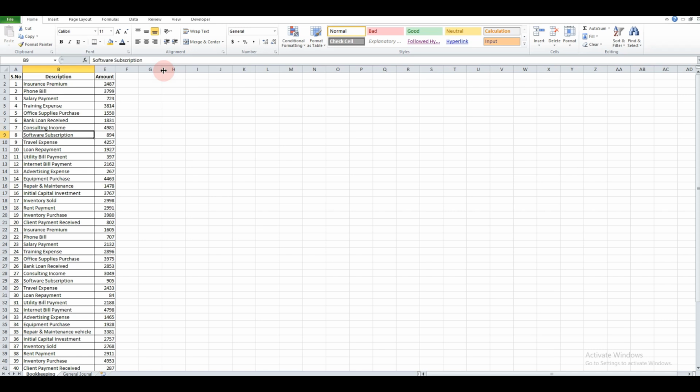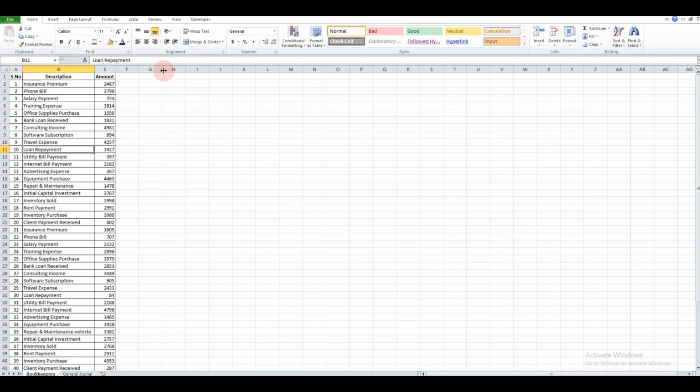Consulting software subscription, it's also an expense, travel expense, loan payment, repayment. It means that we return the payment against the loan received.